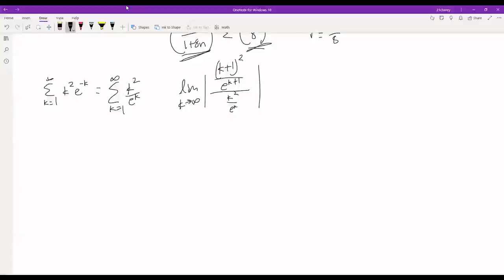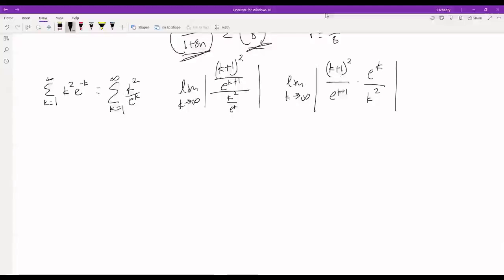And then I'm just going to rewrite this so it's a bit easier to look at and to follow by multiplying by the reciprocal. So it looks like this.